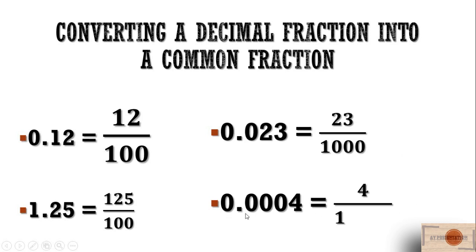Next, 0.0004. So write the number 4 in the numerator place, and in the denominator place count the digits 1, 2, 3, 4, which means give 1 and four 0s.